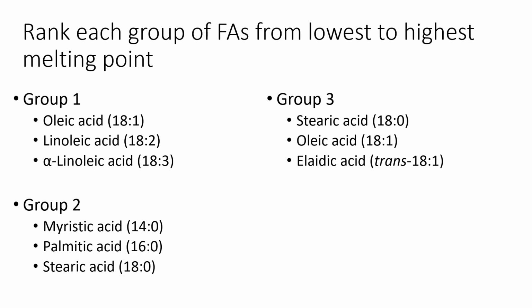Here, to describe each of these fatty acids, we have in parentheses 2 numbers separated by a colon. The first number in this set in the parentheses is the number of carbons. The second number after the colon is the number of double bonds. And if it doesn't say, you can usually assume that that double bond is a cis double bond.